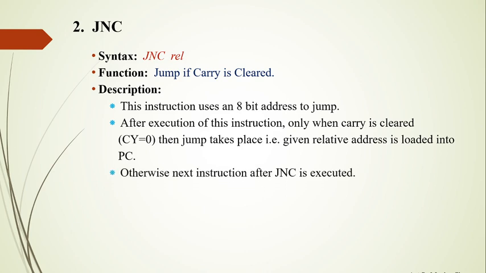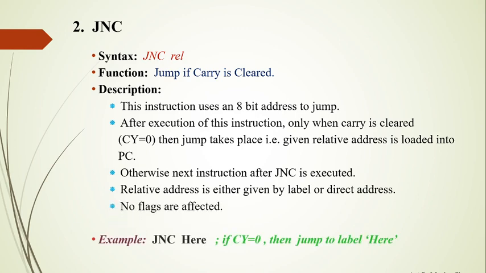Otherwise, the next instruction after JNC is executed, and the relative address is either given by a label or a direct address, and no flags are affected. So JNC here: if the carry flag is 0, then only jump to the label here. Again JNC 40H: if the carry flag is 0, then jump to the given address.